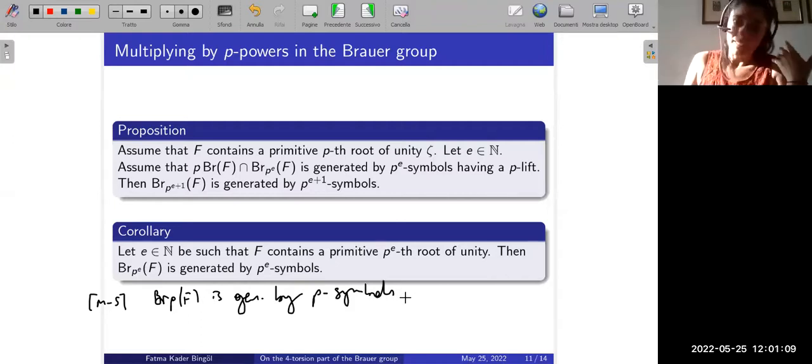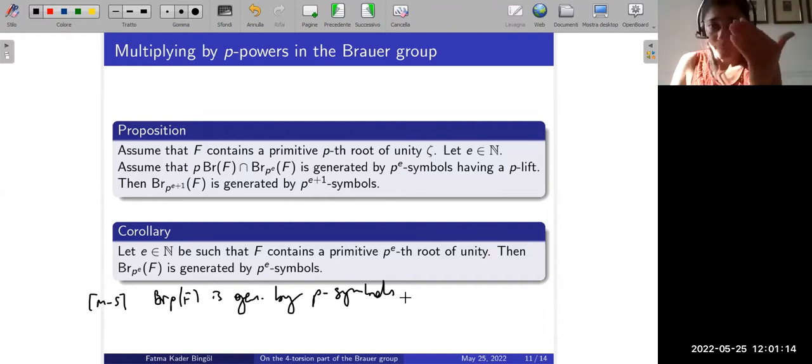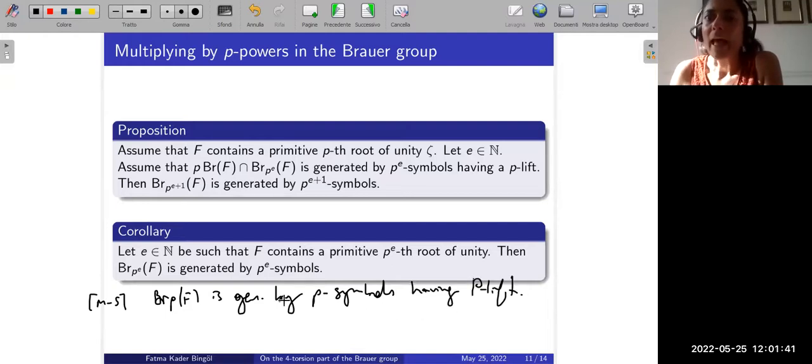But by the remark that I already made, since in particular you have p square roots of unity, this tells you that p symbols have a p lift. So each of these generators, whenever you take a generator class of the family of generators, will have a p lift, and so you can apply the proposition.